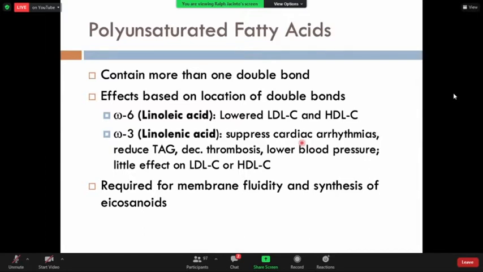So essential. We need to take this from our diet. Because the main purpose of this omega-3 and omega-6 would be it is required for the fluidity of our plasma membranes, and it is required for the synthesis of long chain unsaturated fatty acids. Example would be the eicosanoids.